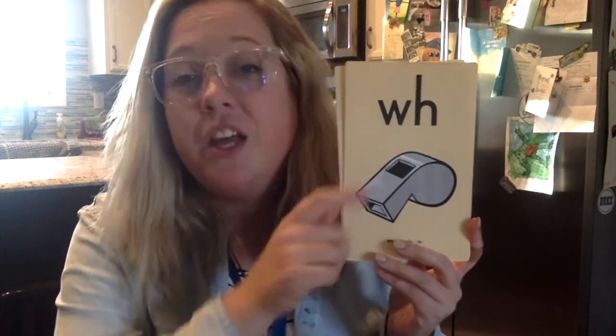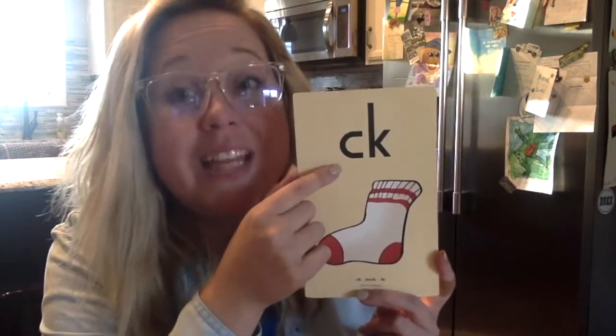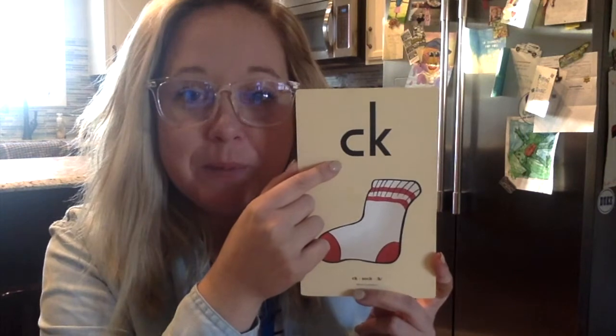WH, whistle, wh. This is always seen at the beginning of words. We never see this at the end of words. CK, sock, k. And this is the opposite. This is never seen at the beginning of words. It's usually seen at the end, sometimes in the middle.